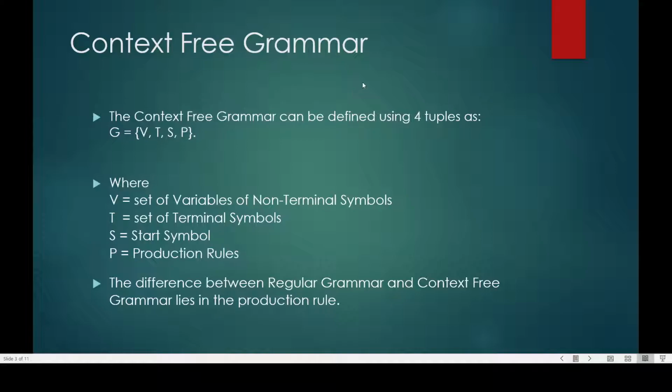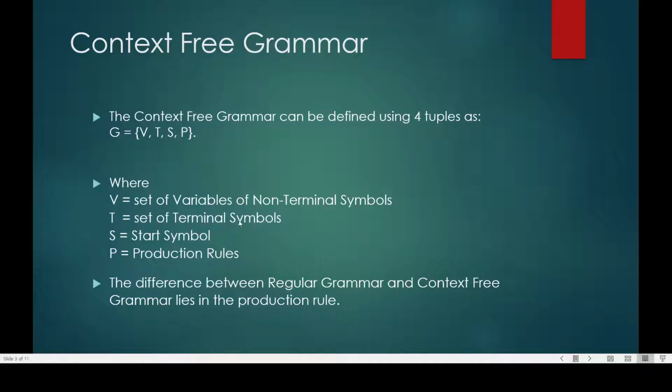Context-free grammar can be defined using four tuples as G. Here is our grammar, which can be defined as V, T, S and P, where V is the set of variables or non-terminal symbols. What we mean by non-terminal symbols is all the symbols which are capital or uppercase in nature, such as S, capital A, capital B, S1, all the capital letters are known as non-terminal symbols.